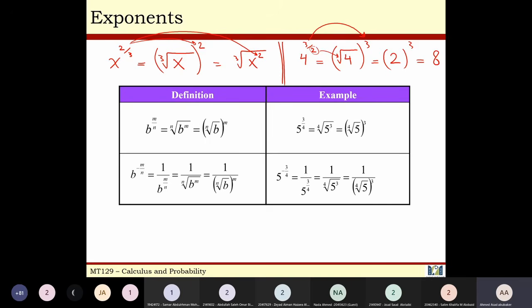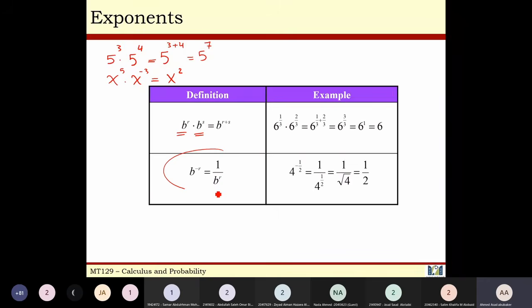Now, if we have a negative exponent, we can find it by converting it to positive. How can we convert it to positive? Change the position. We can put b to the power negative 4 in the denominator to convert the exponent from negative to positive. For example, 5 to the power negative 2.